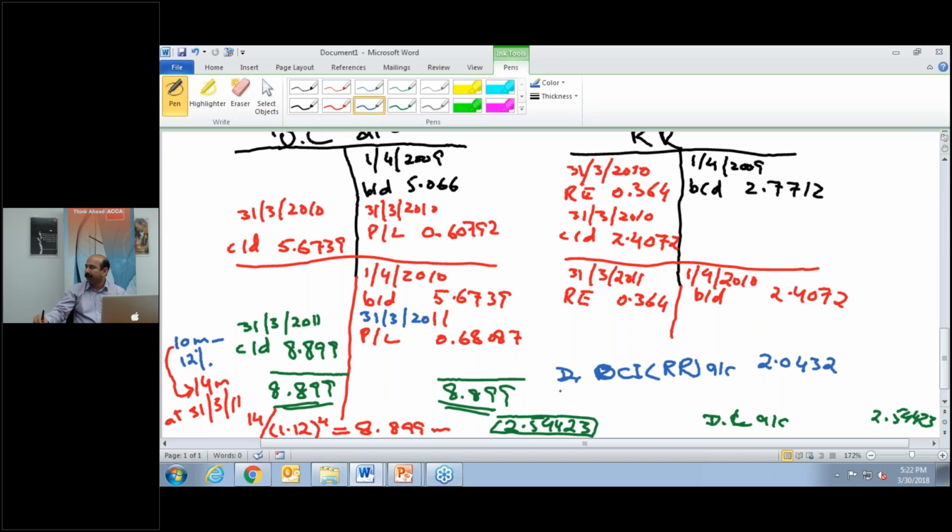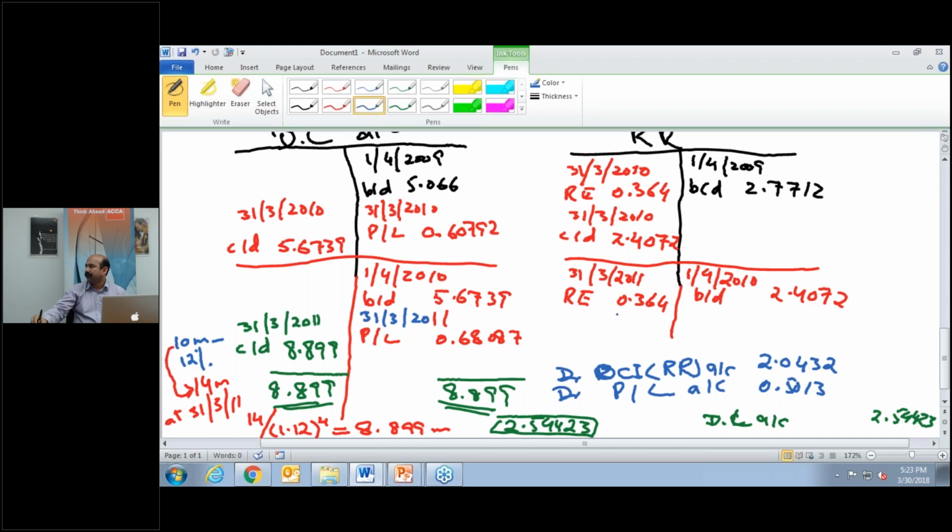The remaining amount, 0.5013, will be debited to the balancing figure, will go to the profit and loss account, as we have seen from our slide.